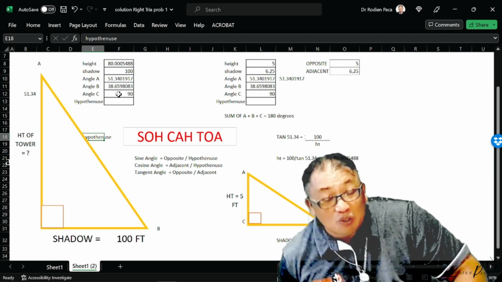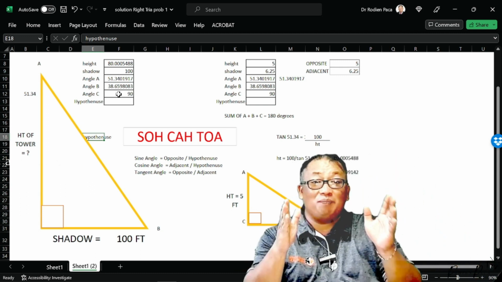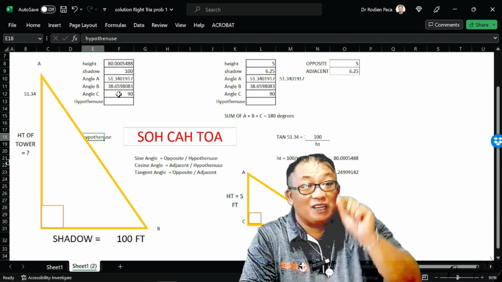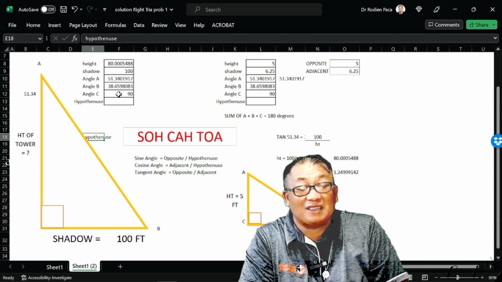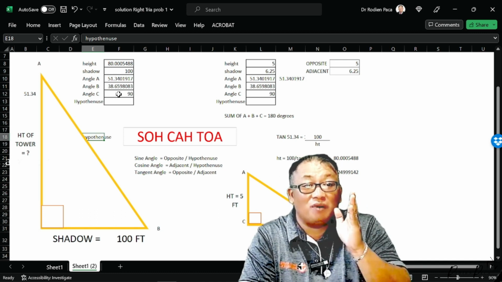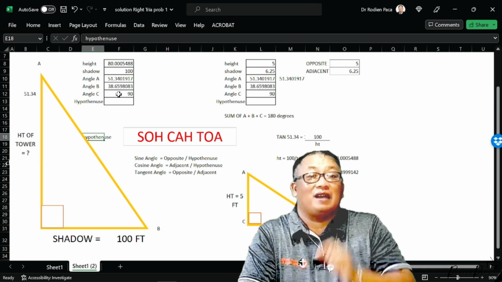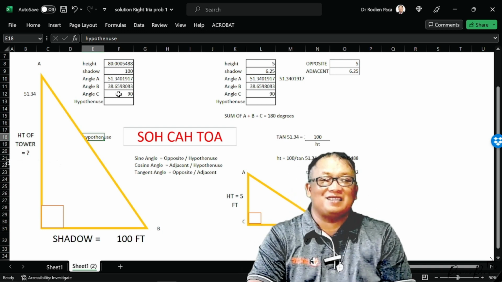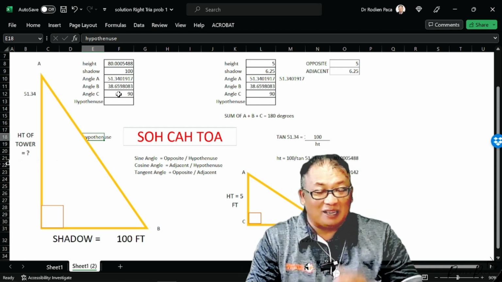The Pythagorean theorem says that the square of the hypotenuse of a right triangle equals the sum of the squares of the opposite and adjacent sides. We'll discuss that one later.